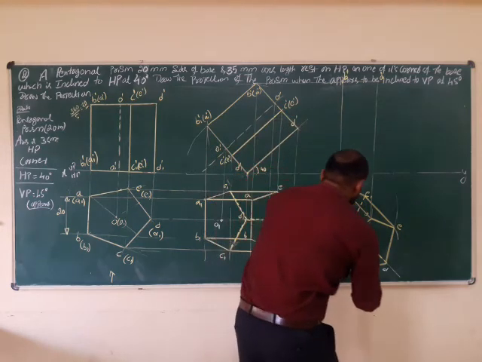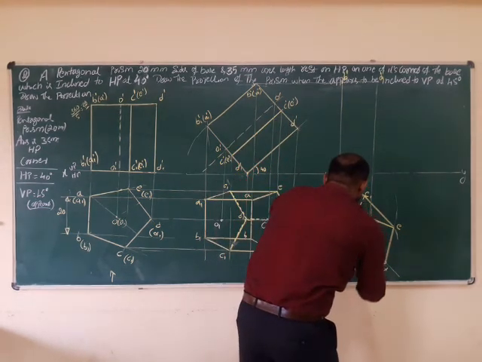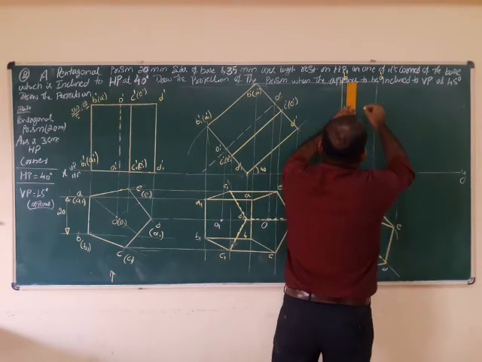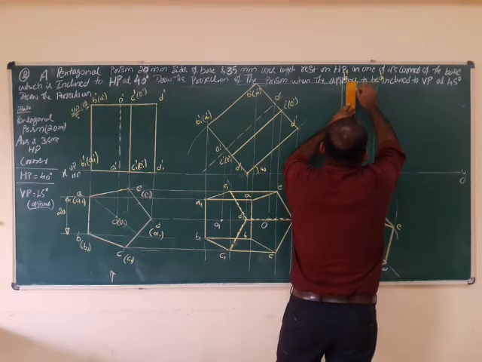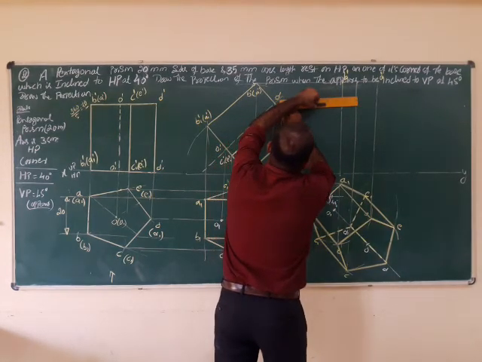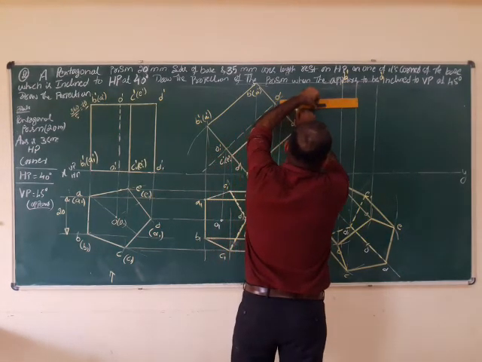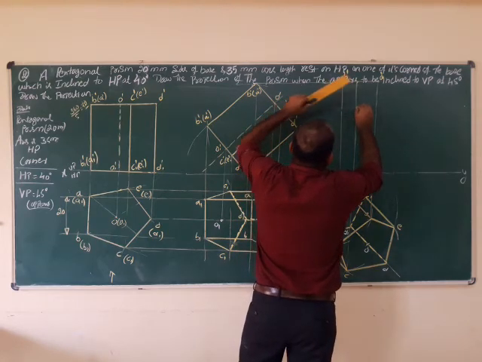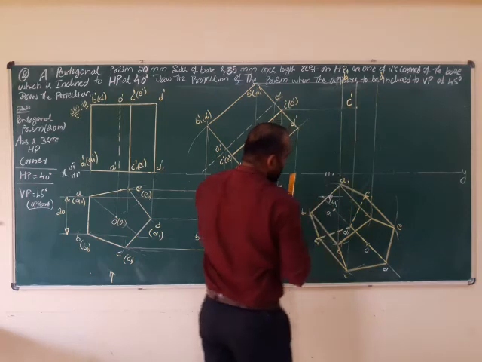Next to C, but C is a different line, and that point is called C dash.